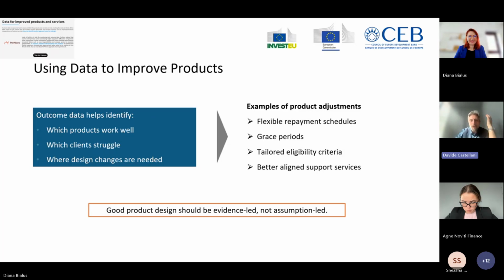So this is about involving frontline staff, product managers and client representatives to discuss whether the changes you have made to your products have actually contributed to an improvement in outcomes and impact. Okay, next one.